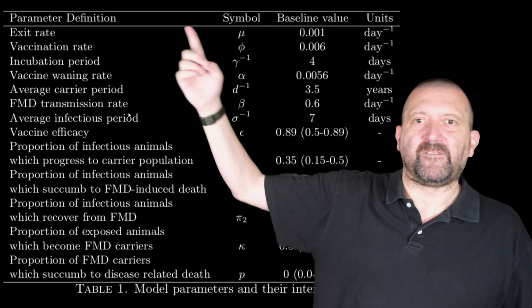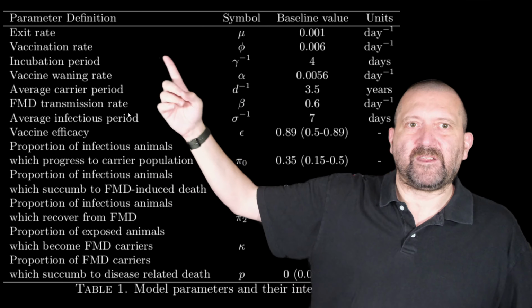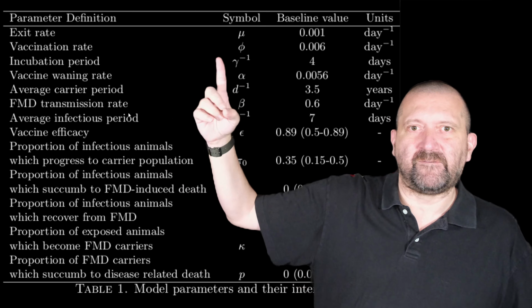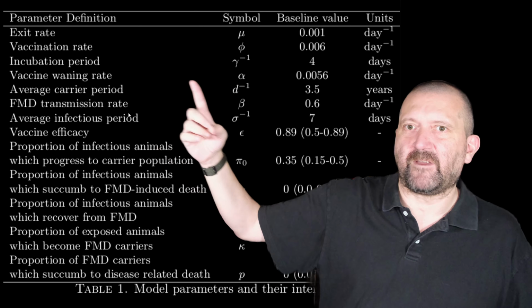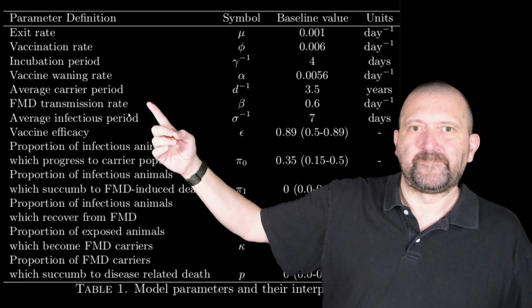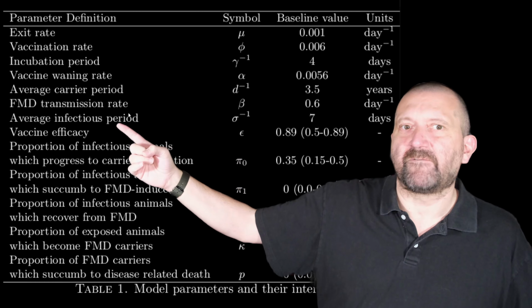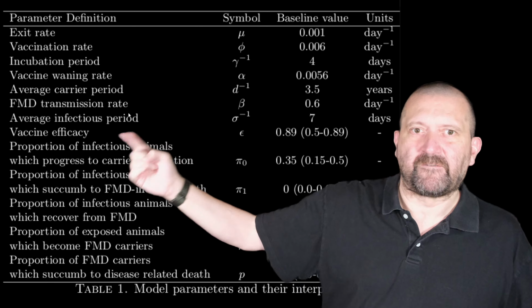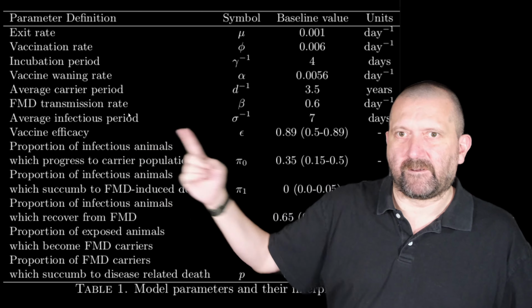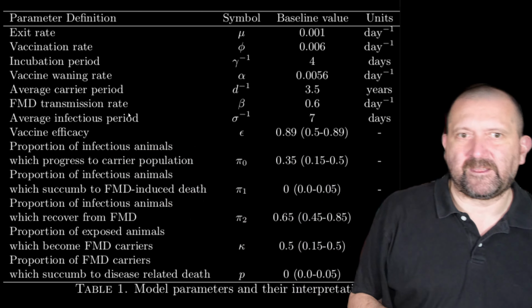So the exit rate is mu, then the vaccination rate, the incubation period, that's the gamma here, the vaccine waning rate, how long individuals remain carrier, the transmission rate for foot and mouth disease, the average infectious period, and there are estimates for the vaccine efficacy.